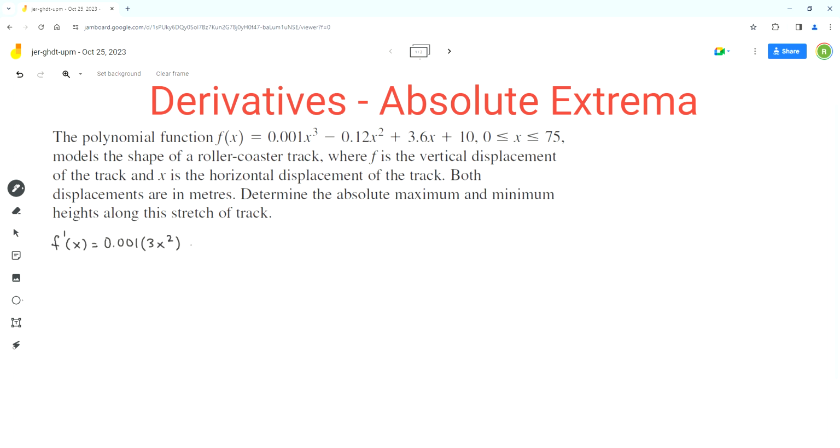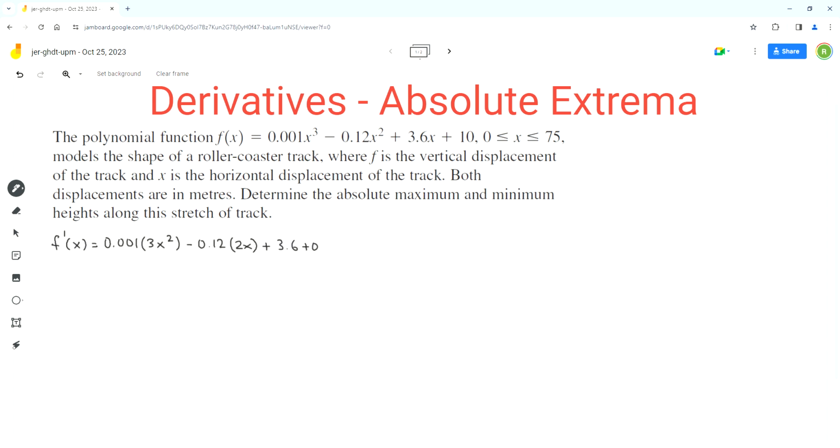And then minus 0.12, the coefficient, so it will stay as it is, and the derivative of x squared is 2x. The derivative of the next term, 3.6x, will just be 3.6. And the last term, 10, is a constant, so its derivative is equal to 0.